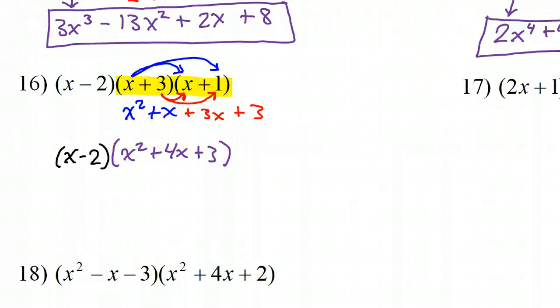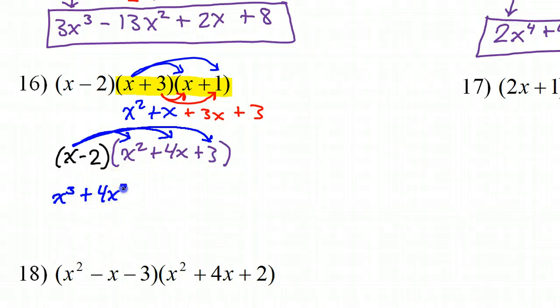Okay, so once again I will do the distributive property. So I'm going to take this x and I'm going to distribute that. Okay, so x times x squared is x to the 3rd power. X times 4x is 4x squared. And x times 3 is 3x.